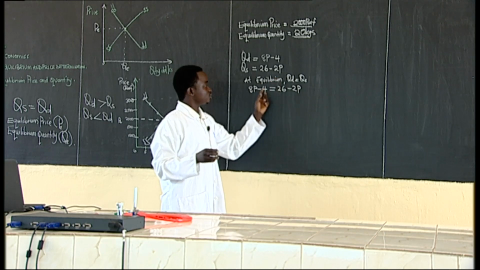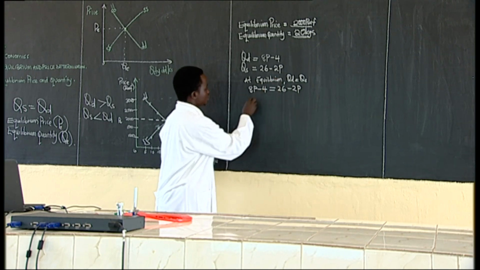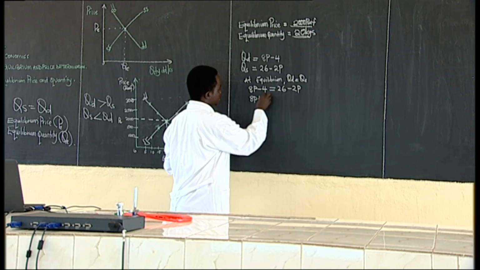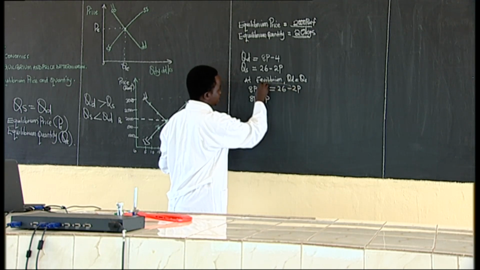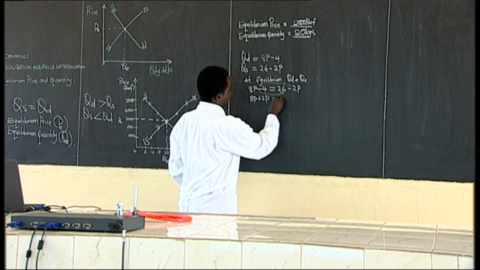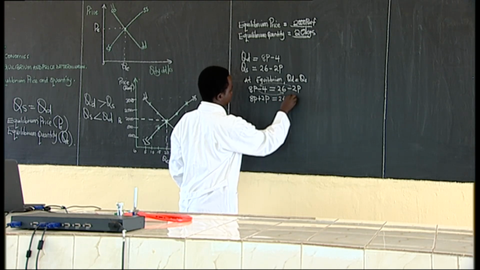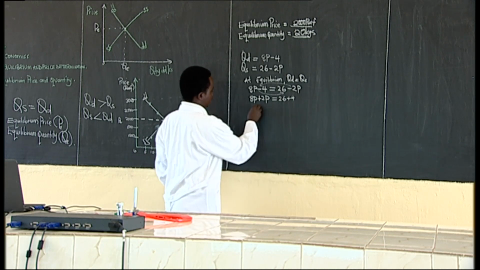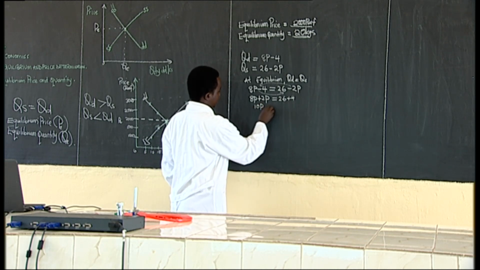Therefore, we shall have 8P plus 2P, then we take negative 4 to this side, which is equal to 26 plus 4. Then from there, we shall have 10P equal to 30.